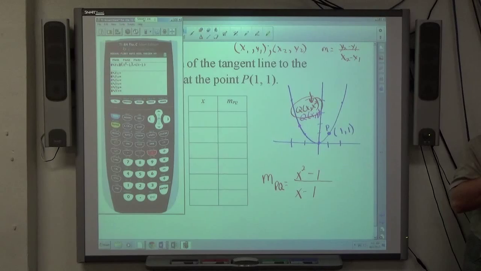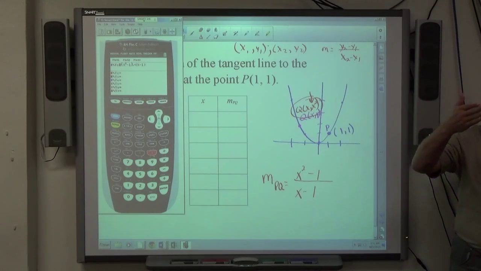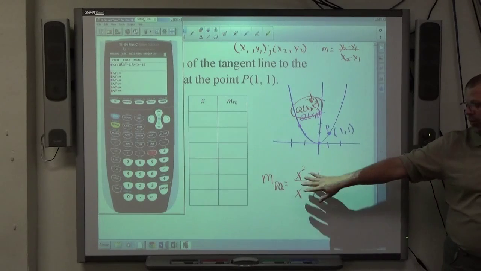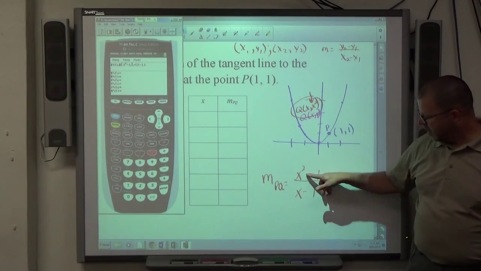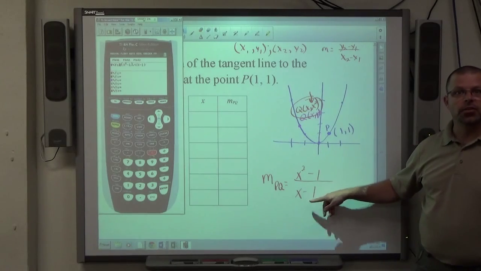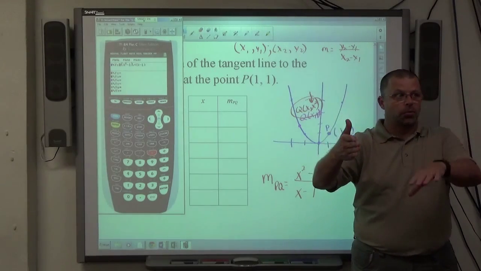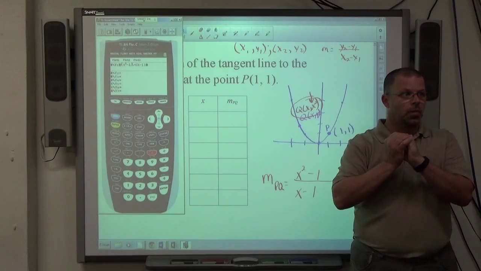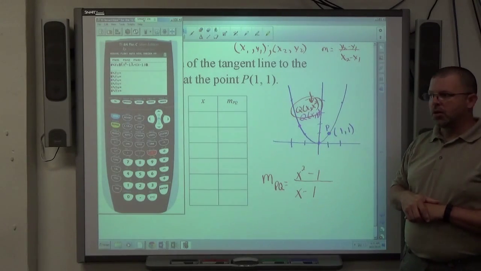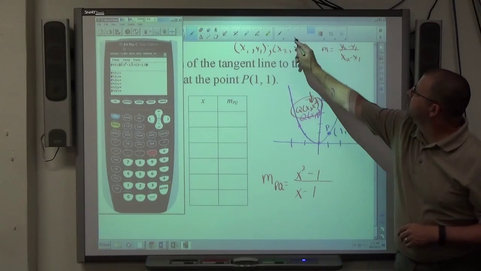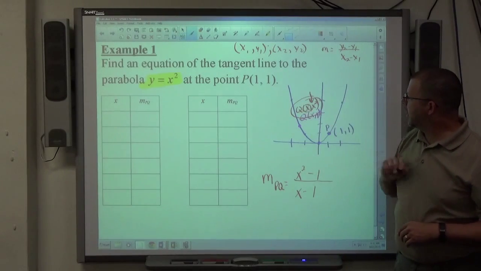I have to know that the y column of my table is not going to be y, but it's actually going to be slope, right? Because that's what this is. This is the slope of the secant line in terms of x. So when I put in x, the outcomes are all slopes. And my goal is to get Q closer and closer and closer to P. So what should x be getting close to?